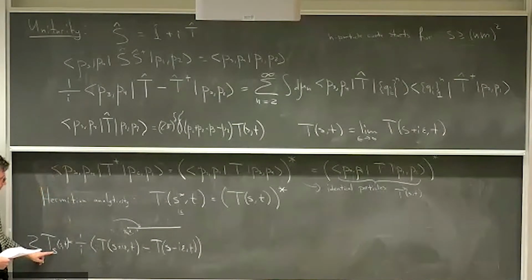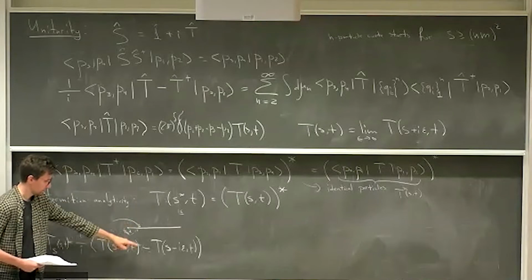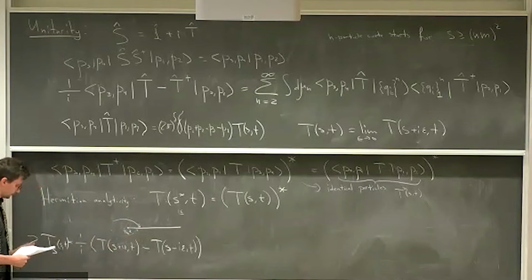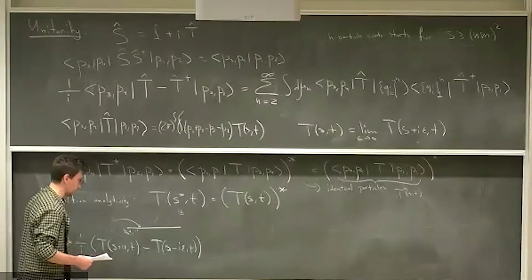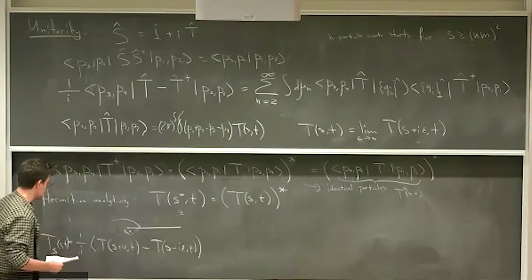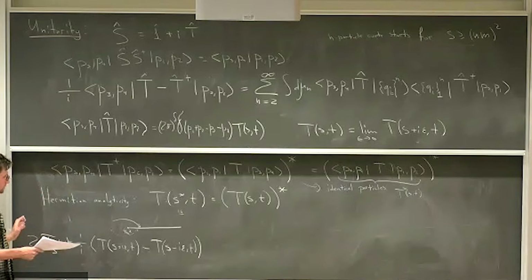This subscript S means that we take the discontinuity in the S channel, going above, going below, taking the difference and dividing by I. Okay, so this is the left-hand side of the unitarity equations. So this is the general story.